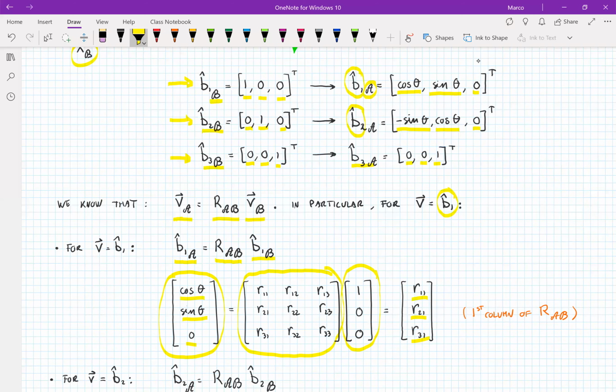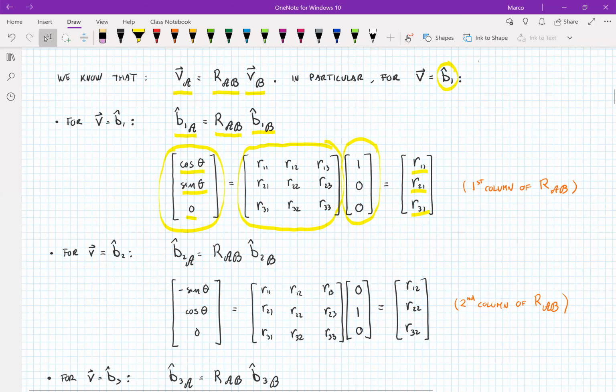Very good. Now let's repeat the same thing for versor B2. We have that B2 expressed in the A coordinates is equal to RAB times B2 expressed in the B coordinates. We know B2A and we know B2B, so let's see if we can get some other piece of information about RAB.